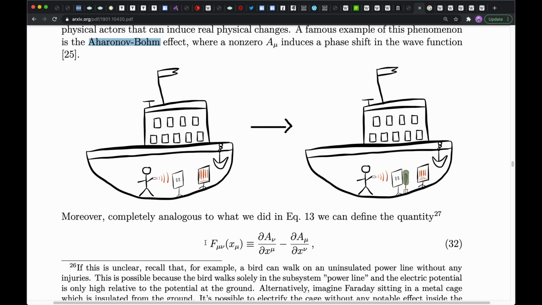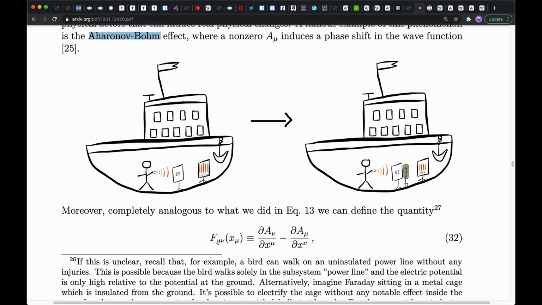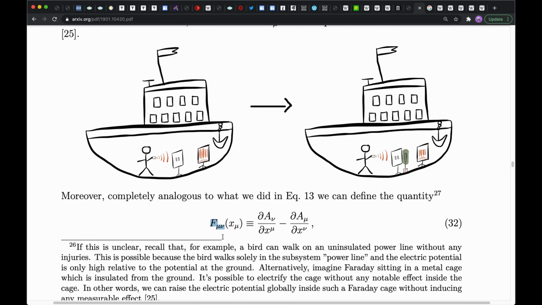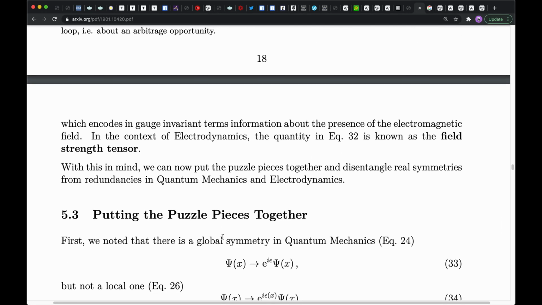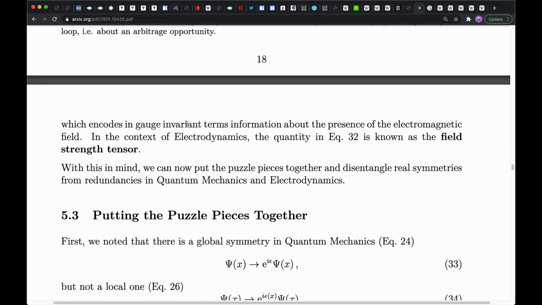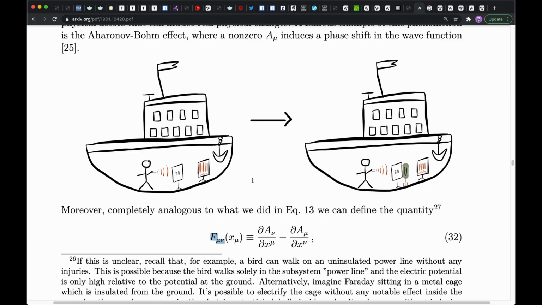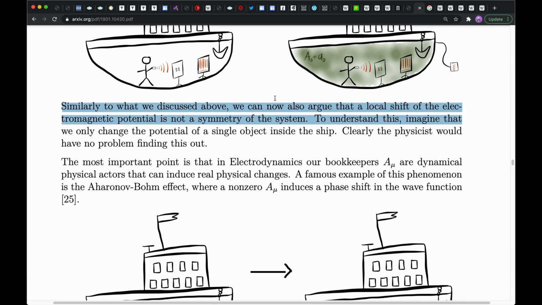And he says that we can define the quantity, like the Maxwell tensor, right? And that will encode, in gauge invariant terms, information about the presence of electromagnetic fields. Yeah. And here he says also that a local shift of the electromagnetic potential is not a symmetry of the system.